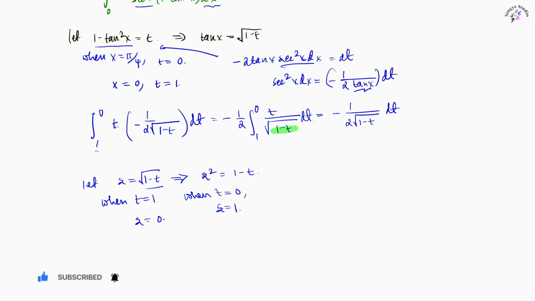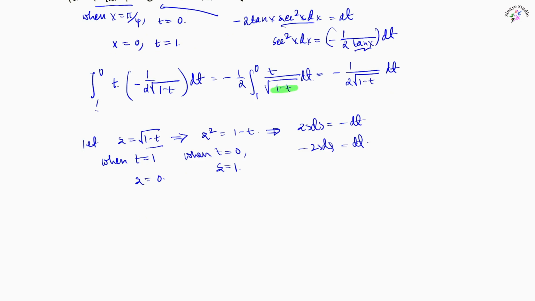Now our integral will go from 0 to 1. We also have to differentiate this for the substitution, so we will get 2s ds equals negative dt, so negative 2s ds equals dt. Now we are ready to substitute. Our integral will be from 0 to 1, and we have negative half times t.